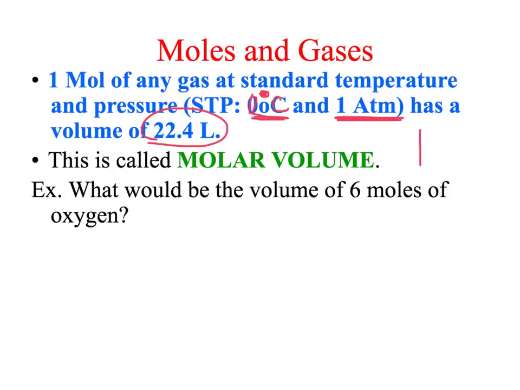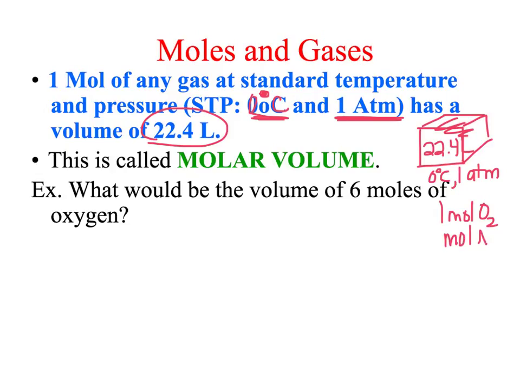So in other words, if I had a box that held exactly 22.4 liters of gas, and I cooled that box to exactly 0 degrees Celsius and had the pressure inside at exactly 1 atm, whatever gas is in that box would be a mole of gas. So if I put oxygen in that box under those conditions, that would be 1 mole of oxygen gas. If I put nitrogen gas in that box under those conditions, I would have exactly 1 mole of nitrogen gas.